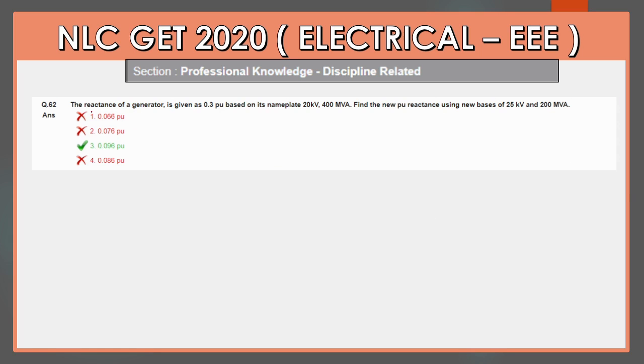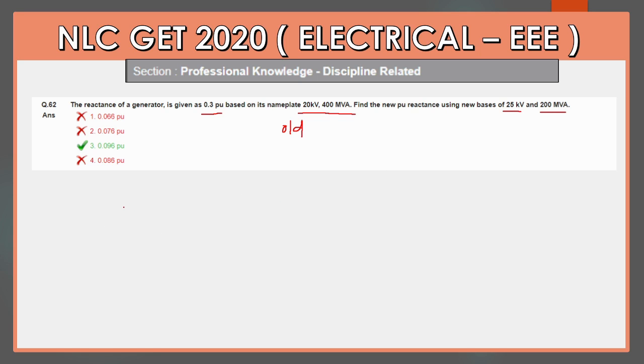Next question, it is saying the reactance of a generator is given as 0.3 on its nameplate. Base MVA and base kV are given as this. So these are the old values. Find the new per unit reactance using new base of 25 kV and 200 MVA.